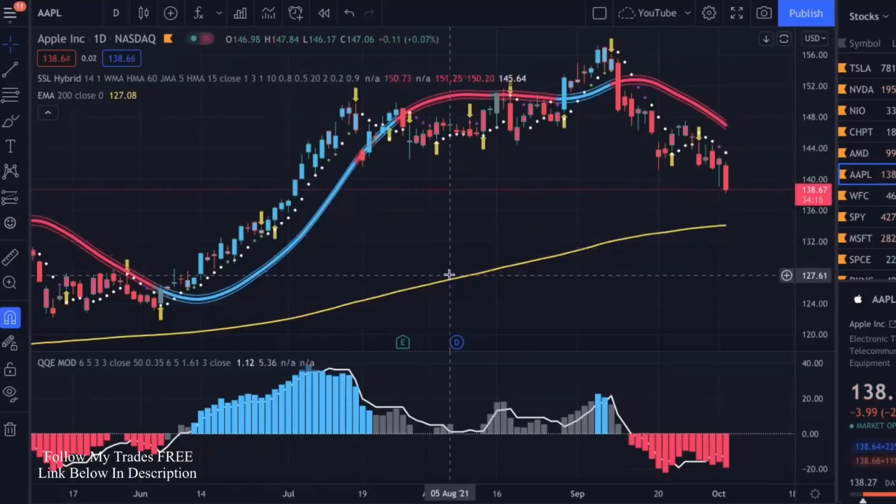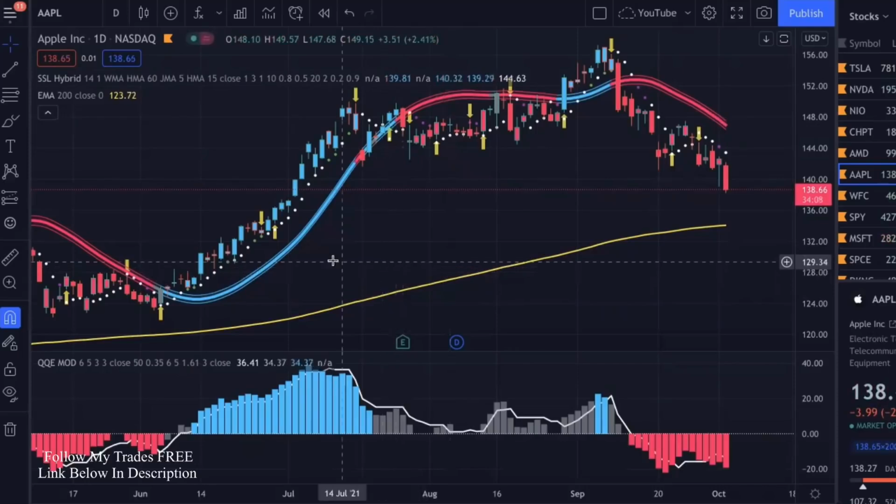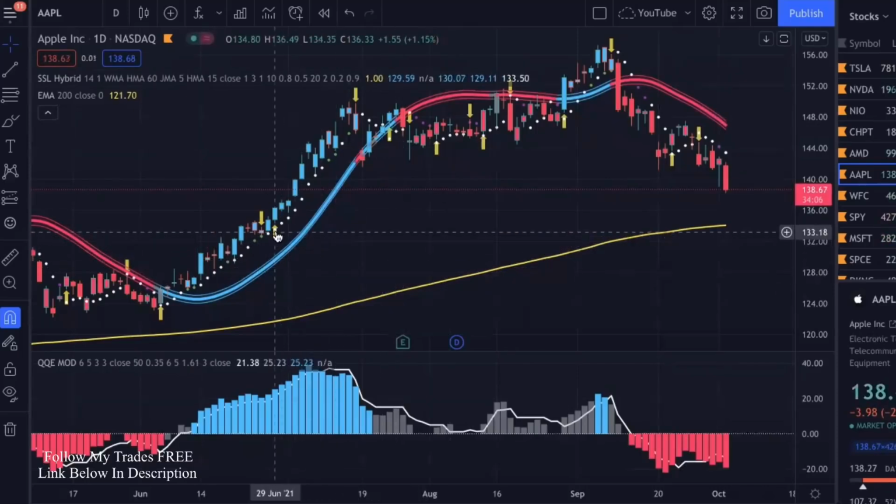It doesn't get any easier than this. This indicator actually gives you an arrow of when to get in. What I like to do is wait for that candle to close, because it could change and reverse. I want that candle to close with a confirmation that, hey, it's going up. So we're going to do that.